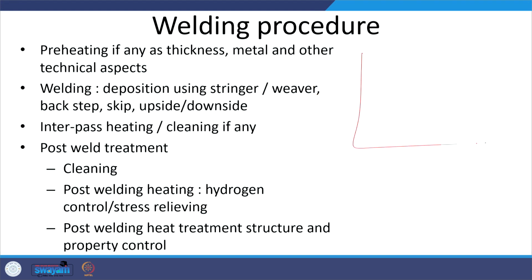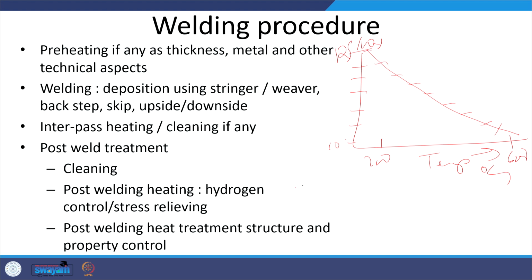So, if we see heating of the weld metal, say on the x axis we have temperature starting from 200 to 600 degree centigrade for steel weld joints, and on the y axis residual stresses in the beginning are, say, 100%. Then as we increase the temperature, our residual stress magnitude comes down as low as 10%. So, heating to high temperature helps in reducing the residual stresses, and that is why it is important.